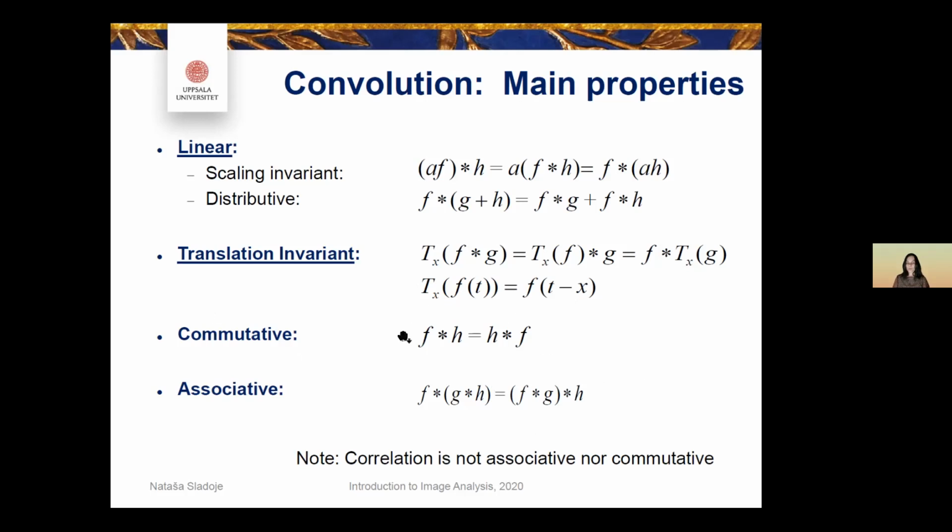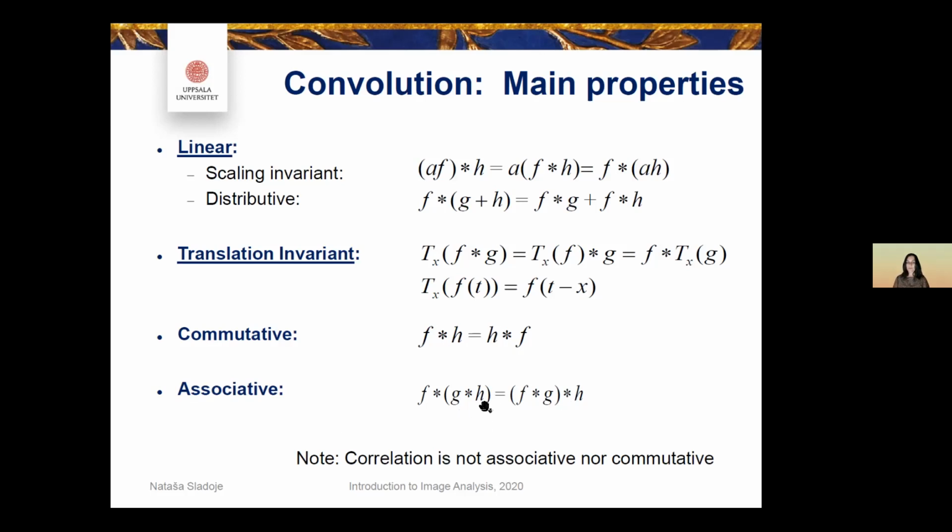Convolution is commutative, and that is what enables this statement that the roles of these two functions, f and h, can be exchanged. What is a function and what is the image or the kernel is maybe more evident, but in a more general case, the roles of these two functions can be exchanged. And also a very important property is that it is associative.